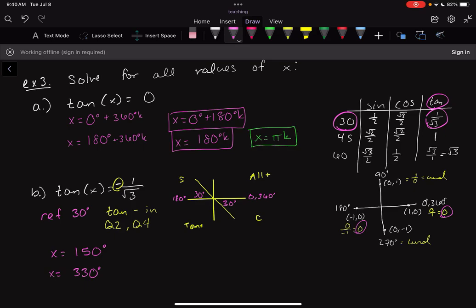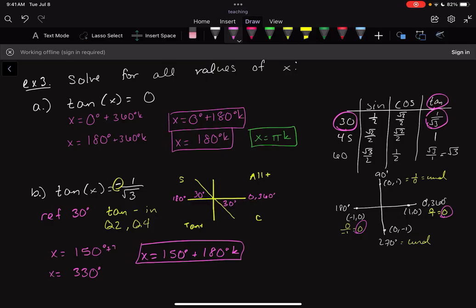However, keep in mind, tangent's period is pi. If you add 180 to 150, you get 330. So you don't really need to separate them as answers. We can just say x equals 150 plus 180 degrees k. And that would be our answer.